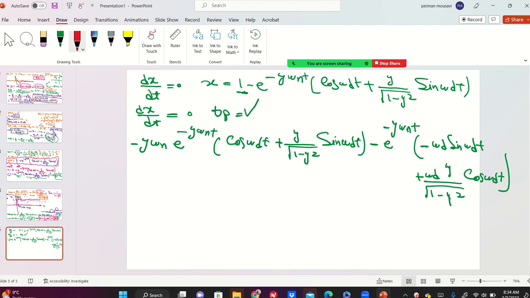So this equals, you can factor out this e to the minus zeta omega n t.